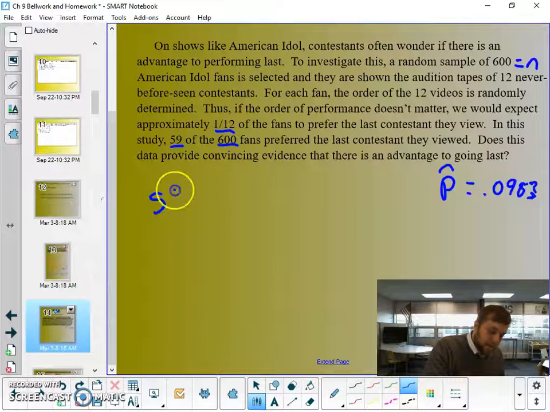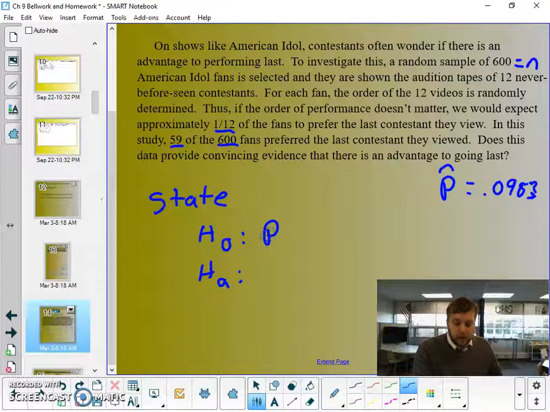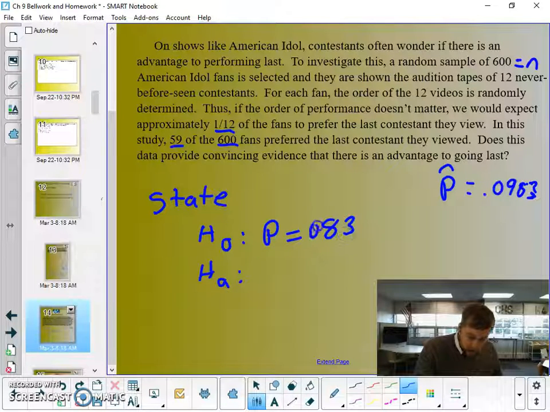Now, on my statement, I'm going to cut some corners because I'm just going to jump right to my hypothesis. You can state some other stuff. We're going to assume that my parameter, or my proportion, equals 1/12, which is 0.0833.